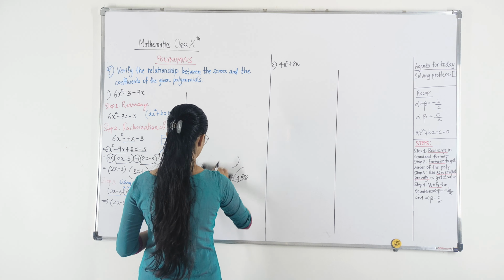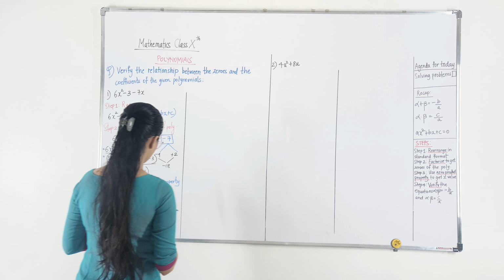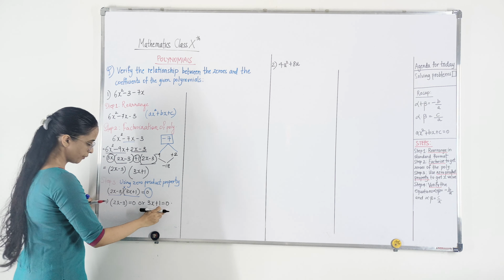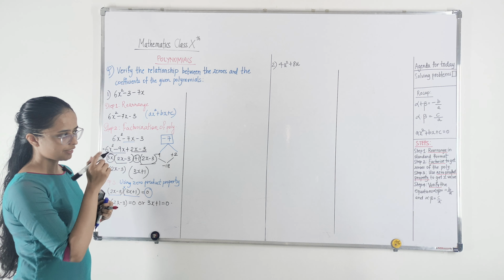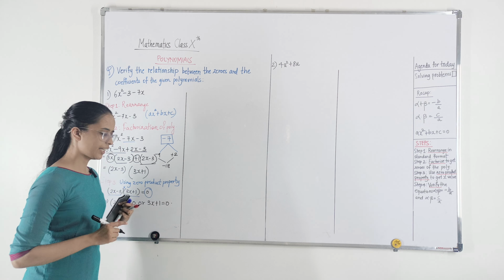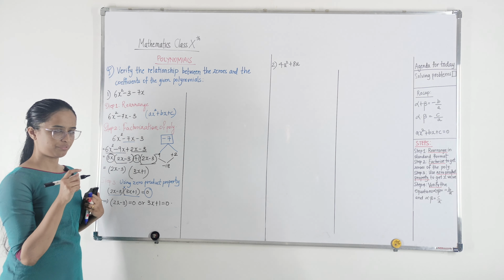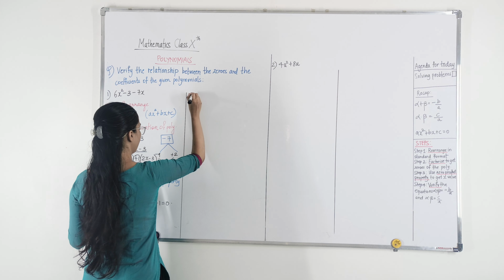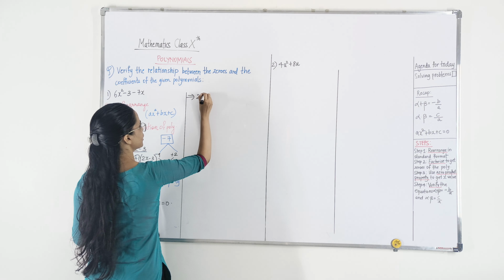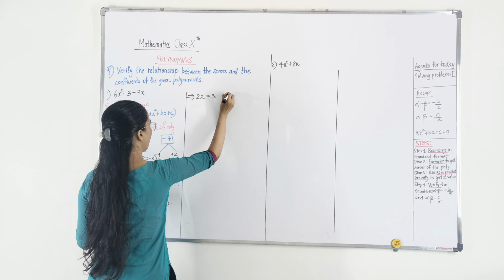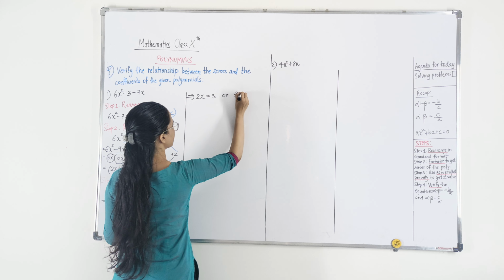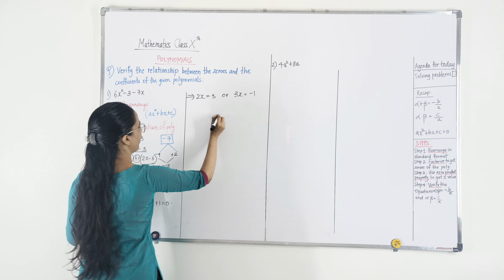Now we are going to take these two equations and get the value for x. That is what step number 3 says: you use the property and get the value of x. So this implies that 2x would be equal to 3 or 3x would be equal to minus 1.